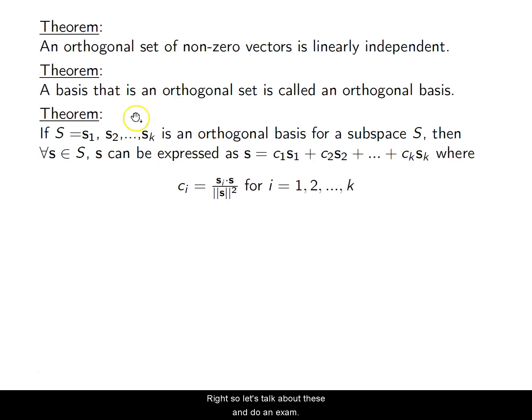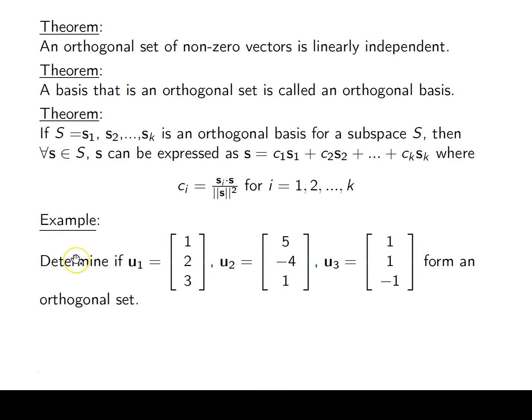Let's talk about these and do an example. I want to determine whether U1, U2, and U3, given as these vectors, form an orthogonal set. If they do, then by this theorem they are linearly independent, and a linearly independent orthogonal set forms an orthogonal basis.